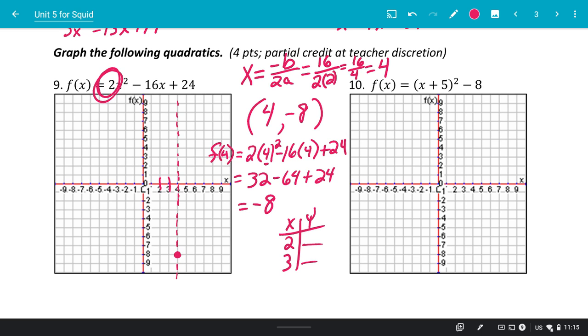And what is my a? 2. So from this point, I can go up 2 over 1, up 2 over 1, and there is my parabola. Okay? That's the hardest graphing one you have to do right there, because you got to use that x equals negative b over 2a. Graph number 10, right now, you have 10 seconds.